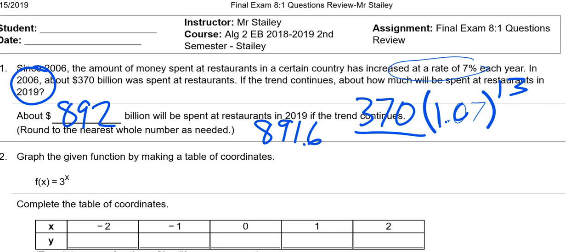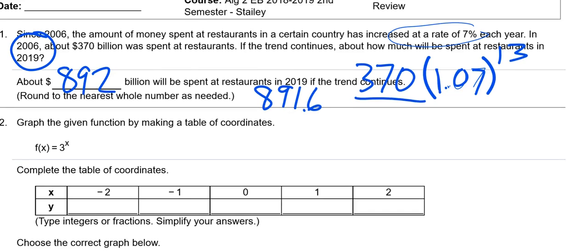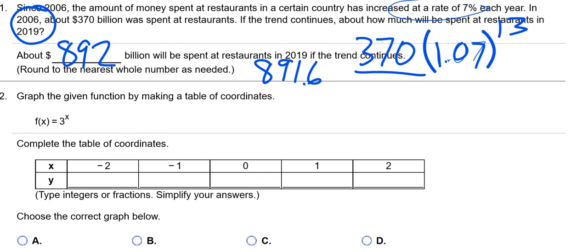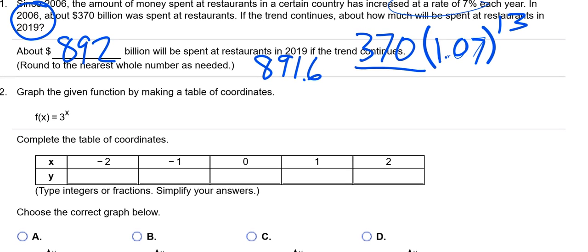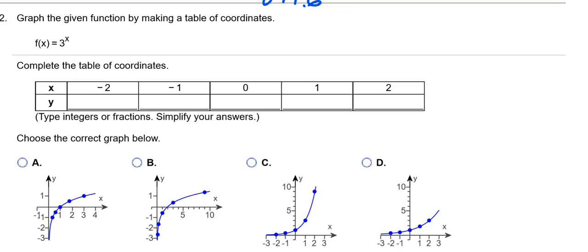I need to see that you think that the multiplier is 1.07. You're raising it to the 13th power and multiplying by 370. I can forgive rounding issues, unless of course you make it 900 or 1 trillion, because you said you would round to the nearest trillion, then I would have a problem with that. But show your work.